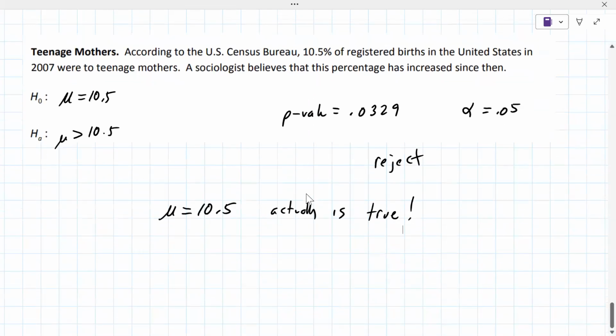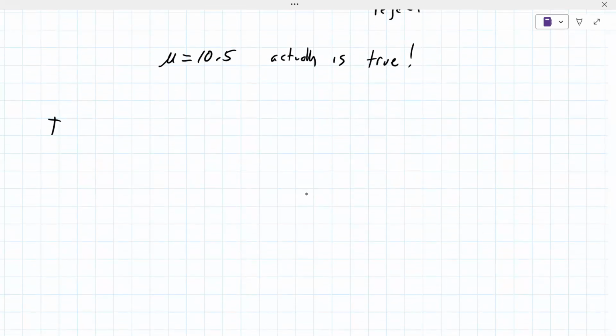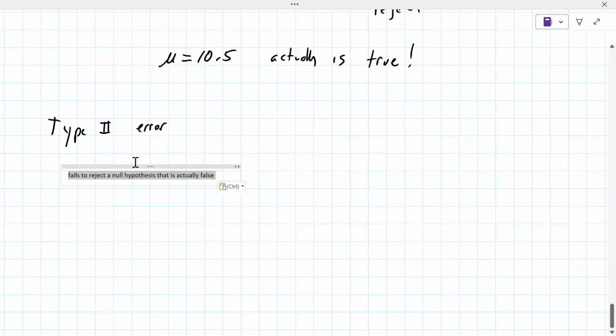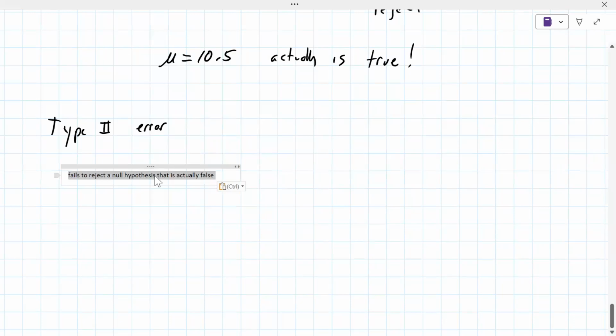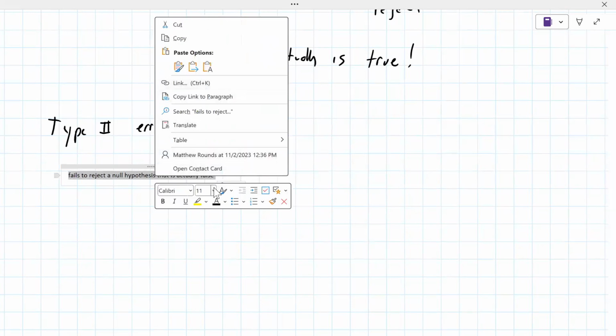So now let's look at a type 2 error. And they're Roman numerals. I don't know why, that's just the way it is. A type 2 error occurs when you fail to reject a null hypothesis that is actually false.